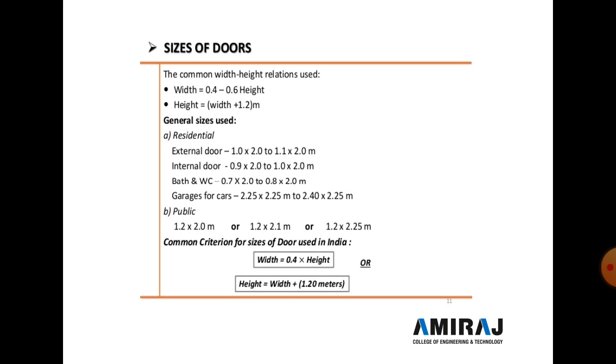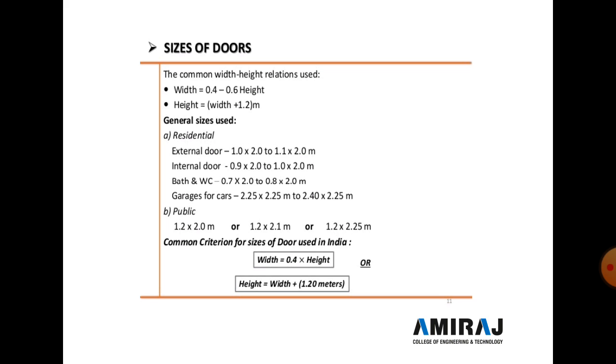In a bath and WC, the door size generally used is 0.7 by 2 to 0.8 by 2. And garages or car porches, which are outside of the building: the garage or car door size is 2.25 by 2.25 meter to 2.40 by 2.25 meter.